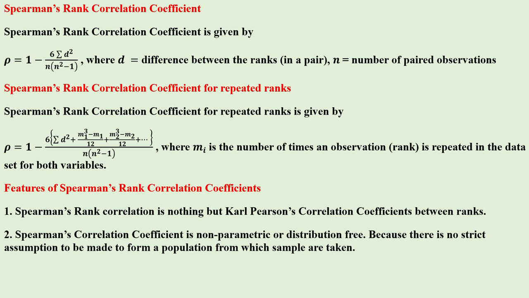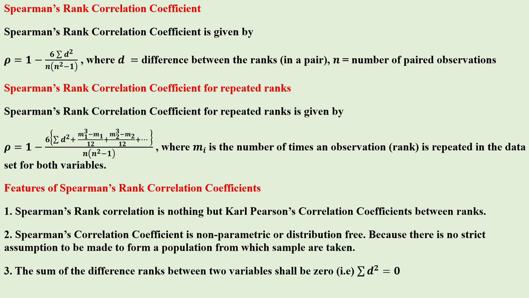Without parameters you can easily find it, because there is no strict assumption to be made about the population from which samples are taken. The sum of the differences of rank between two variables shall be 0.